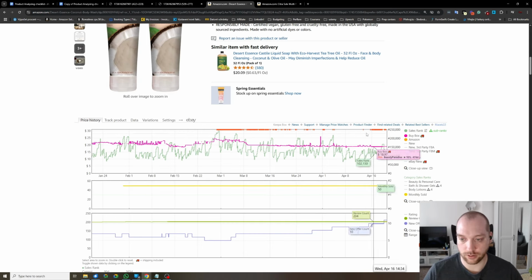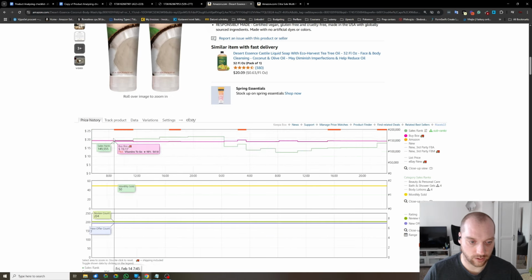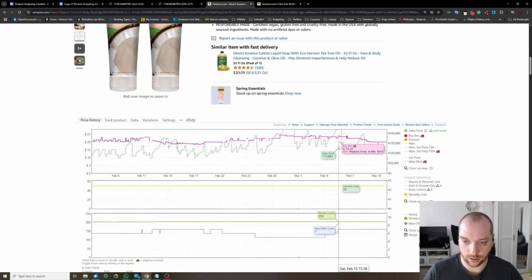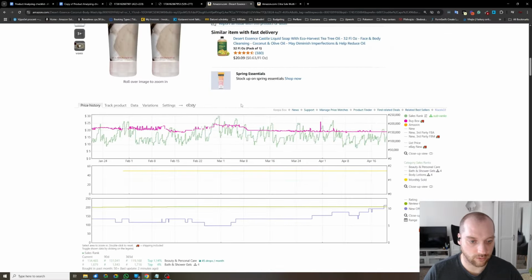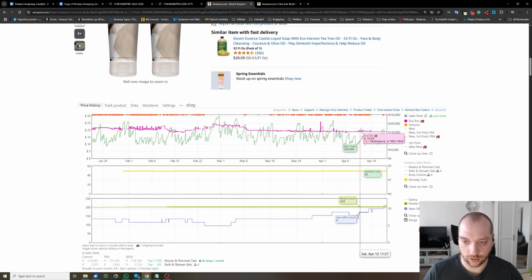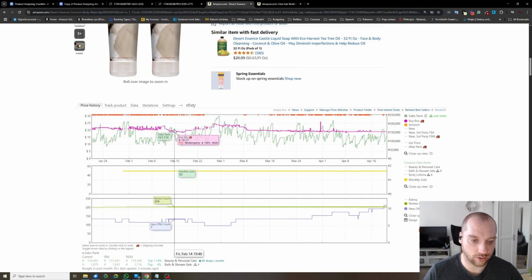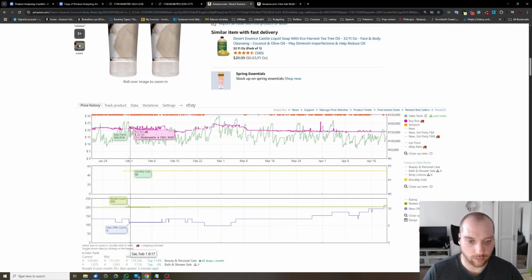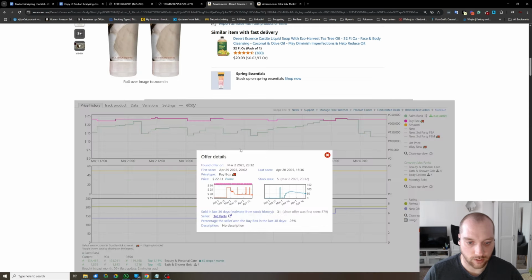So by looking just like that, I would say in here it kind of dropped to 18, but it currently sells at $18.97, which is fine. So actually the current price of the buy box is almost the lowest that has ever been on this listing, right?